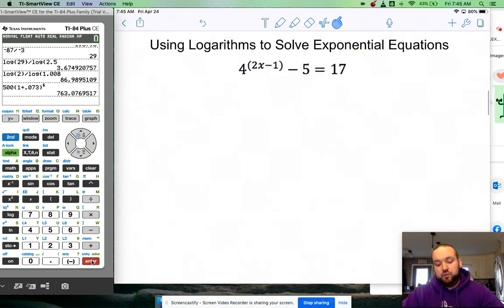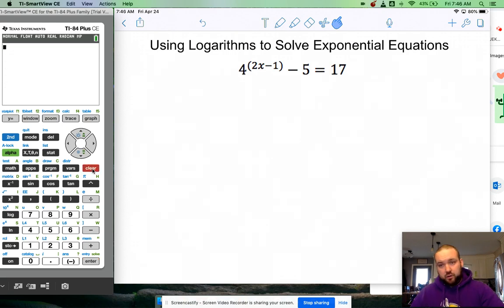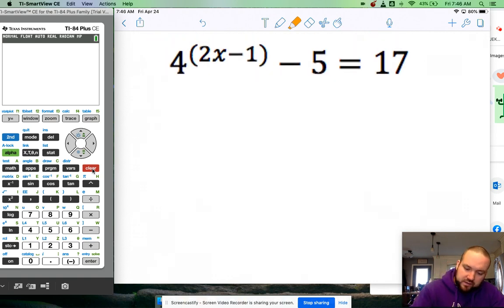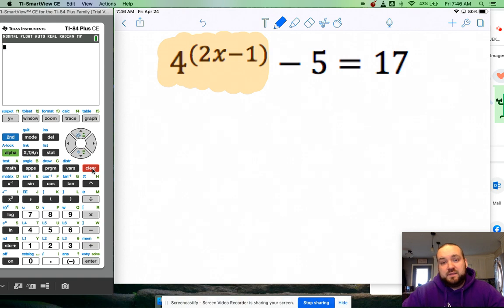Before we get to the new piece, let's recap what it means to solve an exponential equation. I know this is an exponential equation because the variable is in the exponent. The exponential portion is 4 to the power of 2x minus 1. To get the exponent out of the power, I need to rewrite this as a log.